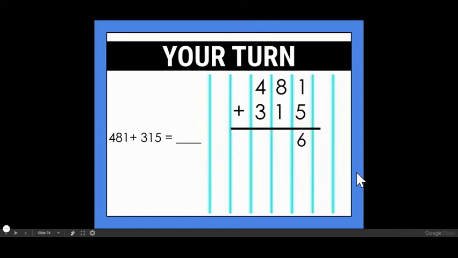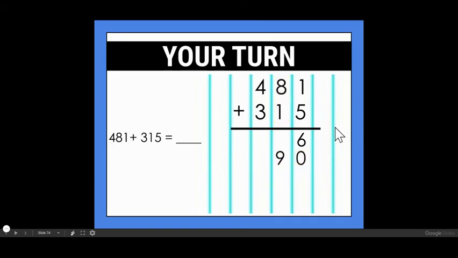Now let's add your tens together. Remember, you write your tens right underneath your ones, and you're looking in the tens column. All right, what did you get for your answer of 8 tens plus 1 ten? Did you get 9 tens or 90?